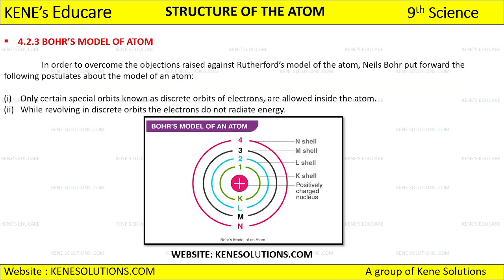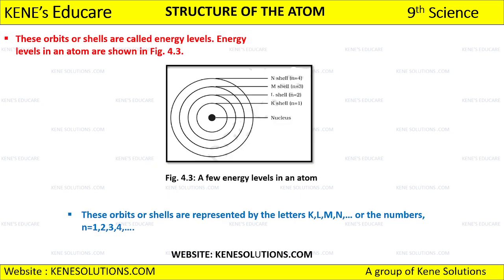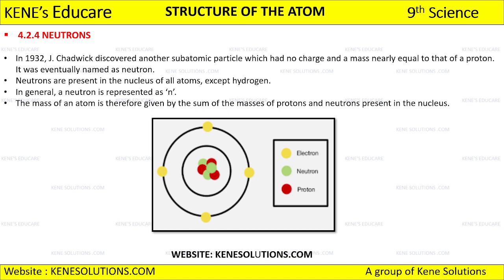After discussing the drawbacks, we will discuss Bohr's model of an atom in detail, who Niels Bohr was, and everything about them. Then we'll discuss the energy levels, and we will study neutrons in detail, what exactly neutrons are.